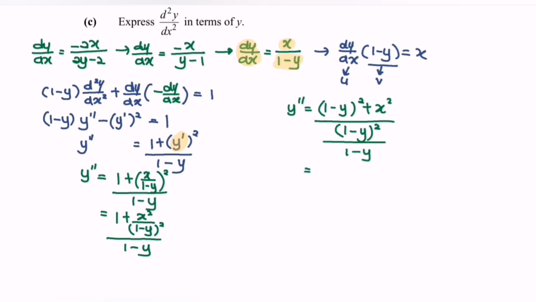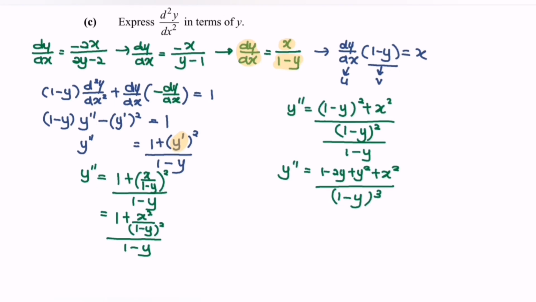Expanding, we have (1 minus 2y plus y squared plus x squared) over (1 minus y) to the power of 3.